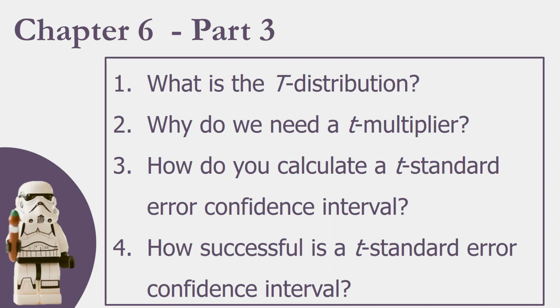How do you calculate a T standard error confidence interval? Using that formula, and there are more examples in the coming recordings, so you can wait for that to see how we do it. And how successful is a T standard error confidence interval? In the case that we were looking at, it was almost always 95% successful. So it's a pretty consistent success rate.